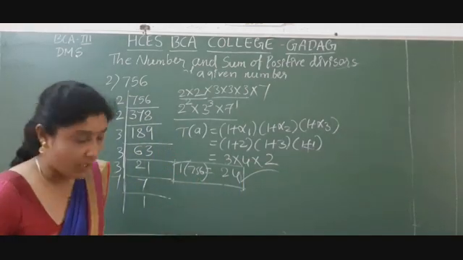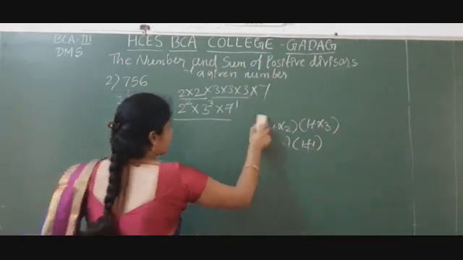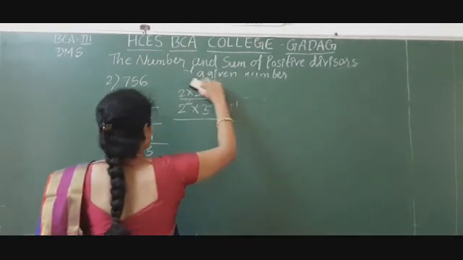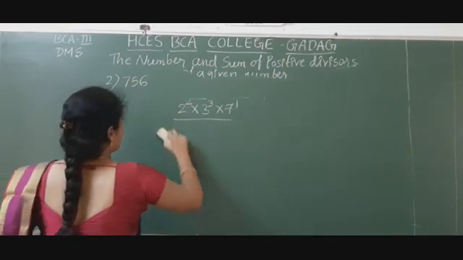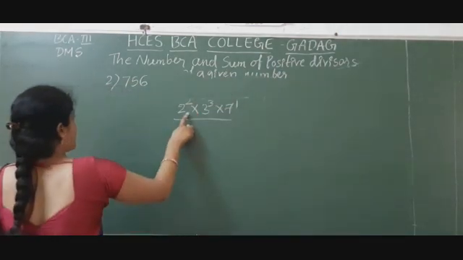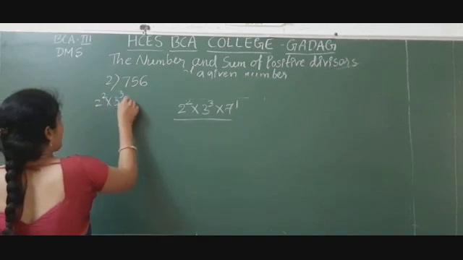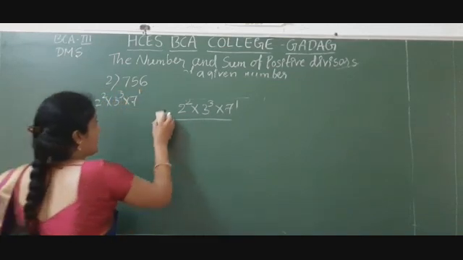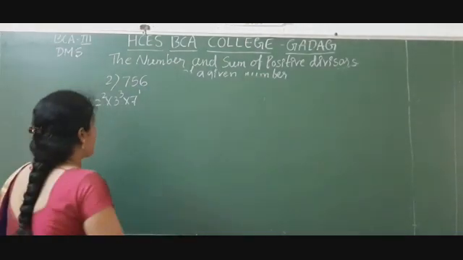Now next we have to find out the sum. Okay. So what is this? 2 raised to 2 into 3 raised to 3 into 7 raised to 1. Okay. Now write down the formula. What is that?